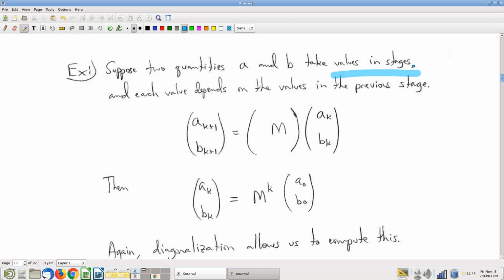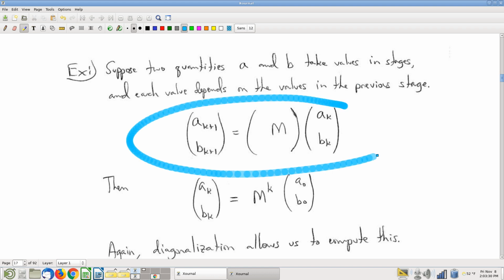So don't think of this as a continuous system. Think of it as a discrete system, such that at time equals 0, this is the state of it. Then we do something discrete, leading to the t equals 1 state of the system. Then we do something again that leads to the t equals 2 state. So, numbers taking values in stages.